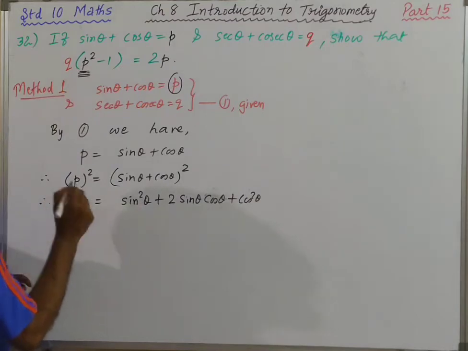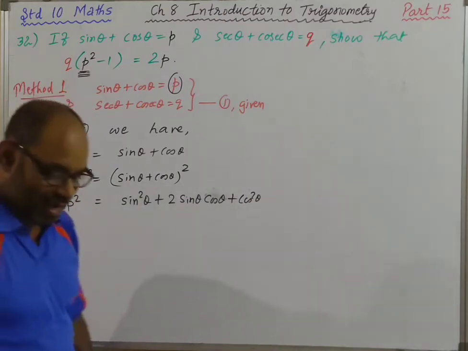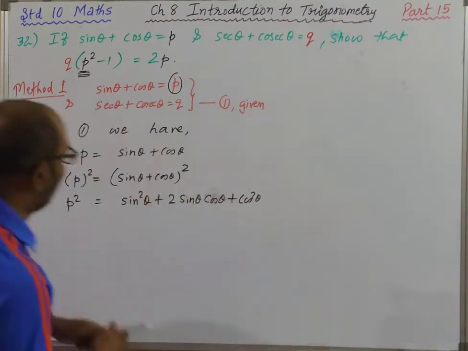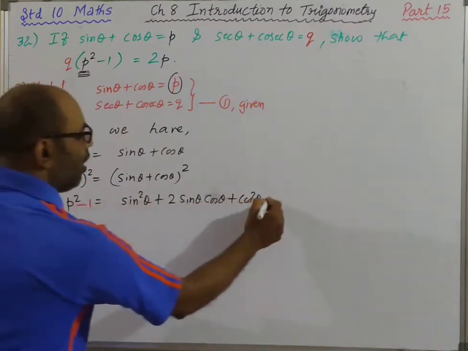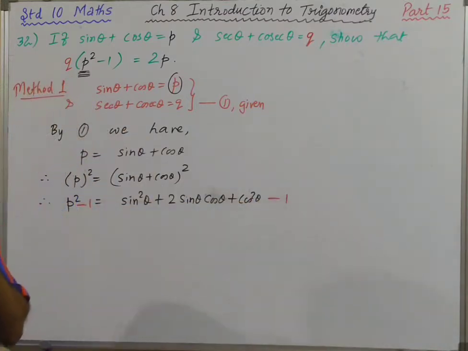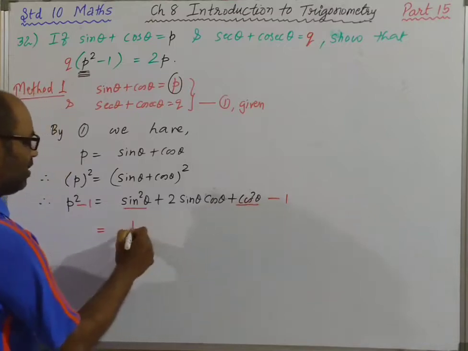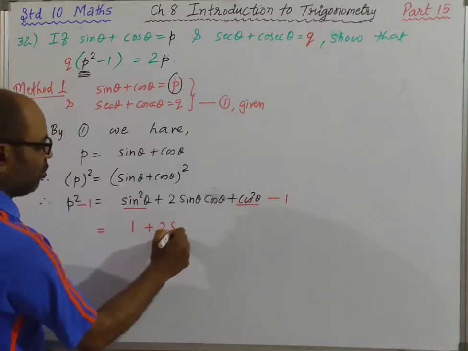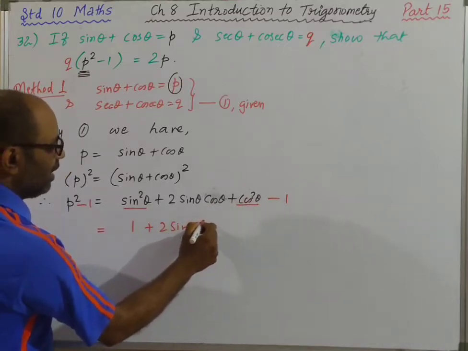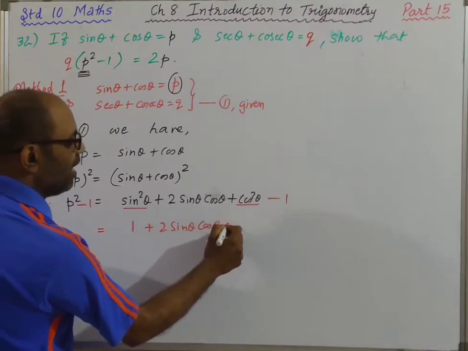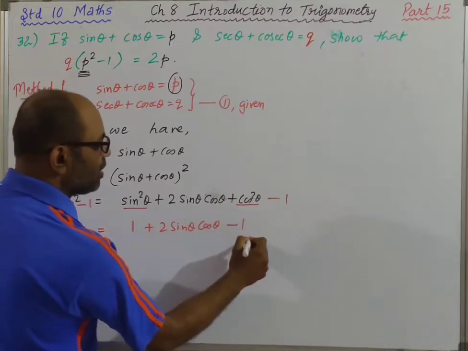Therefore, P square is equal to this. Children, दो काम साथ में करते हैं. Subtracting 1 on both sides. That is equal to sine square plus cos square is 1, plus 2 sine theta into cos theta, minus 1.